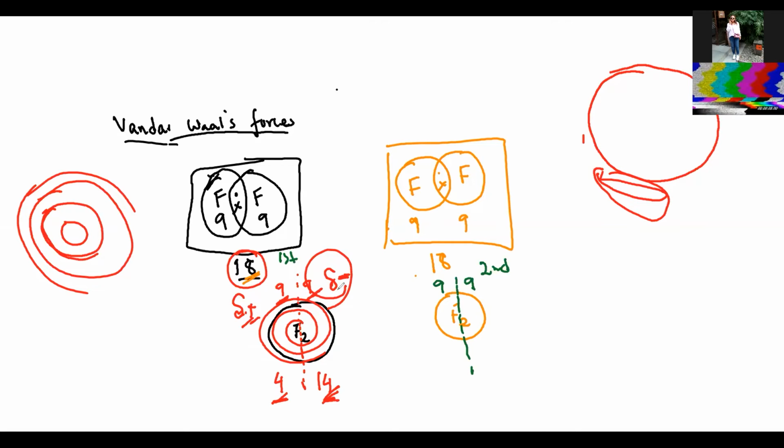Since this side has become partially negative, it will repel the electrons away. The negative charge will repel the electrons away. So কি হবে? If it repels the electrons, suppose this becomes 2, this becomes 16. So this becomes a partially positive side, this becomes a partially negative side.